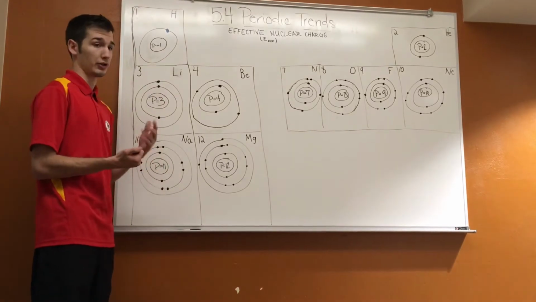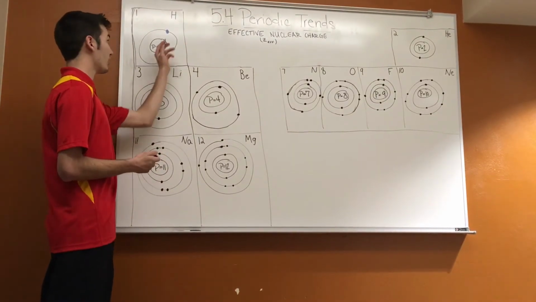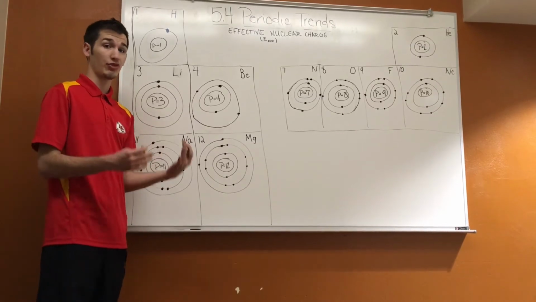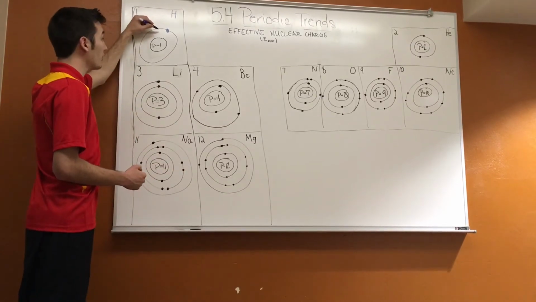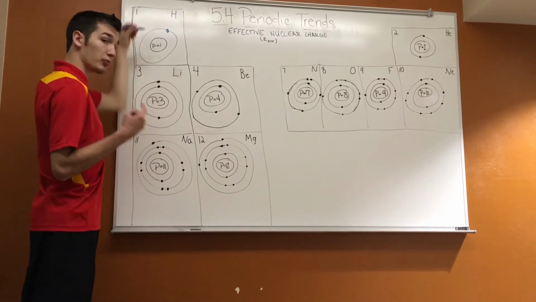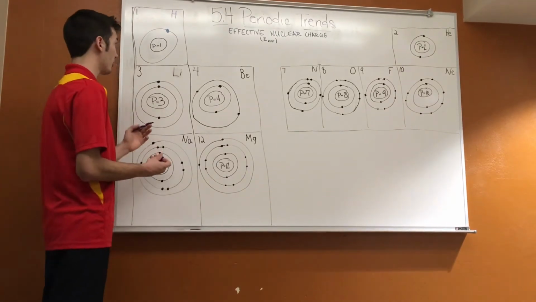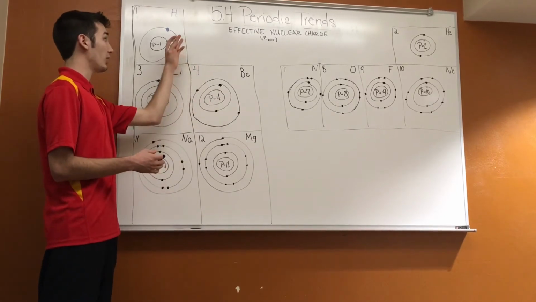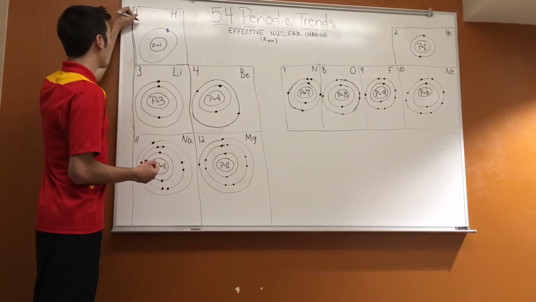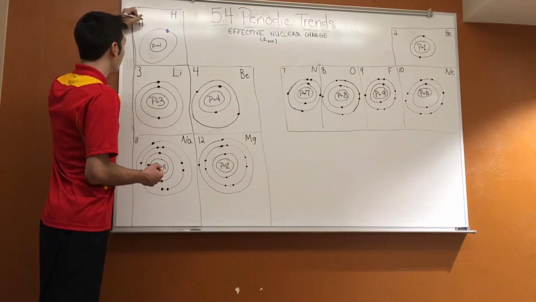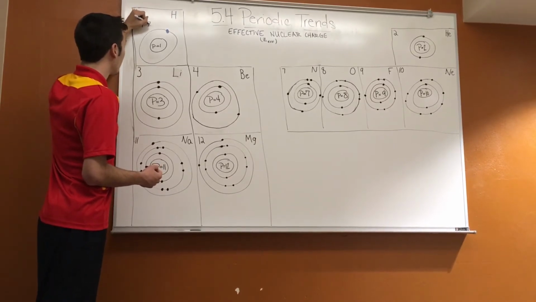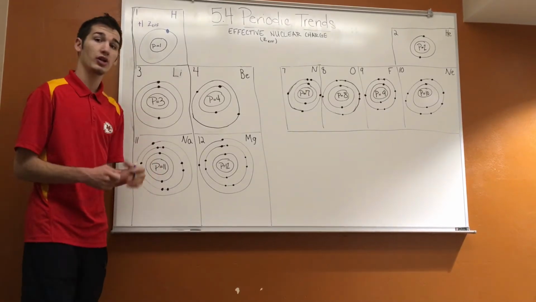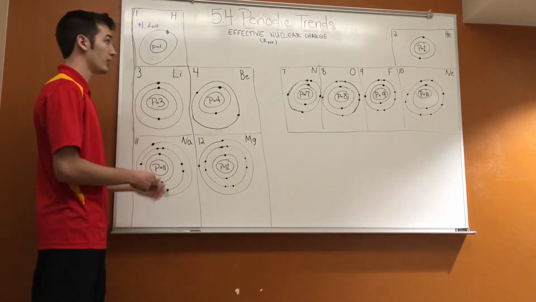It has one electron, so this electron is your valence electron. What does it feel? Well, this electron feels this one proton pulling on it. So we're going to say that this electron feels a plus 1 Zeff, or plus 1 nuclear charge.